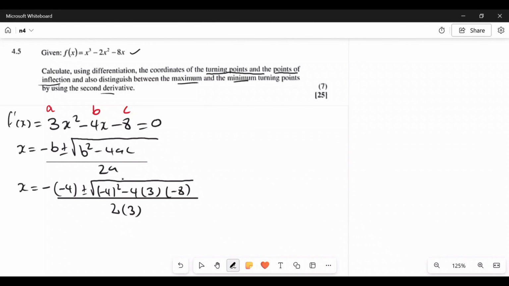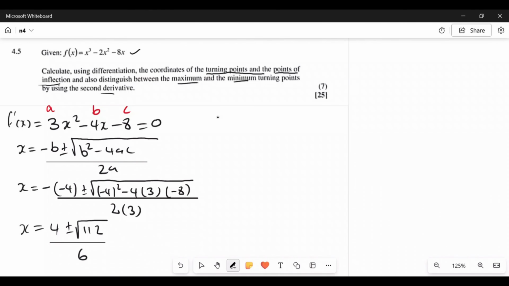There we go. So from here, we can use a calculator. Let's start with the first one here, negative and negative. This one is going to give us 4 plus or minus the root, and what we have inside the root is going to be 112, divided by 6. Let's continue here on the top right.